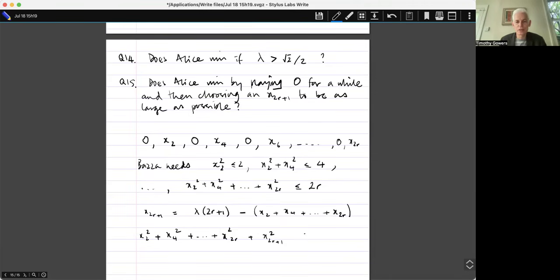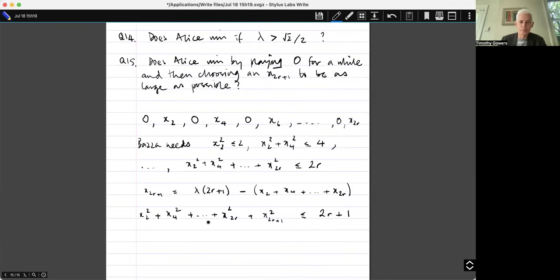That should definitely be less than or equal to 2r plus 1. Because if it's bigger than 2r plus 1, then Alice has played a valid move that has led to a sum of squares that's bigger than what it's allowed to be. Wait a minute. It has to be less than or equal to 2r plus 2, I beg your pardon. So then if Bazza plays 0, he'll be okay.